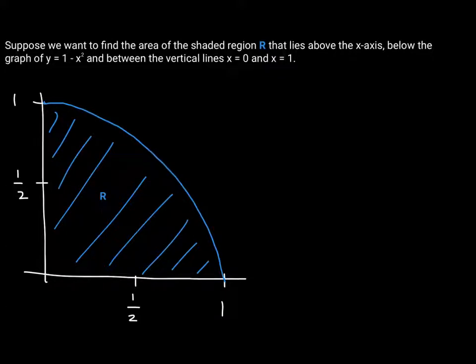This is the graph of 1 minus x squared, between the vertical lines x equal to 0 and x equal to 1. Now, unfortunately, there's no simple formula for calculating the area of this shape that's bounded by a curve. So one idea is to draw rectangles that contain this region.